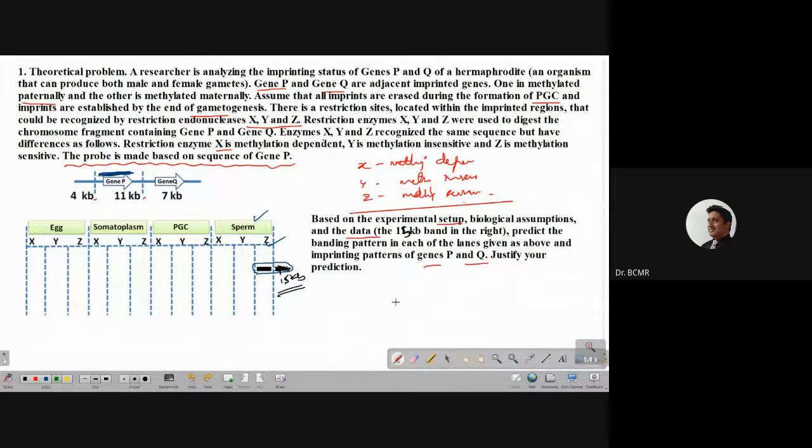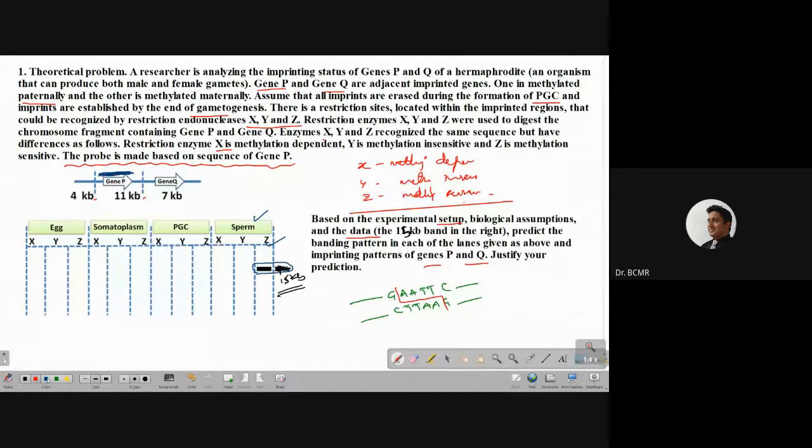For example, it's like GAATTC. This is a restriction site. So if an enzyme like EcoRI can cleave it like this, then it is a restriction endonuclease.